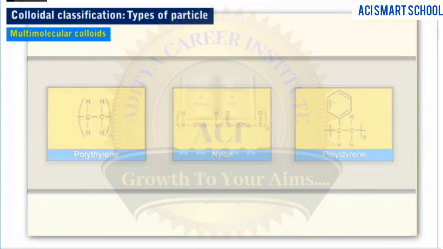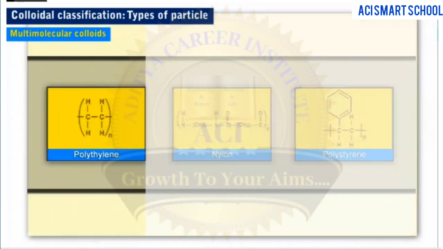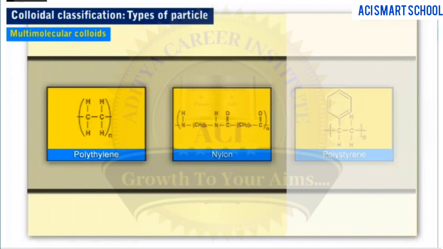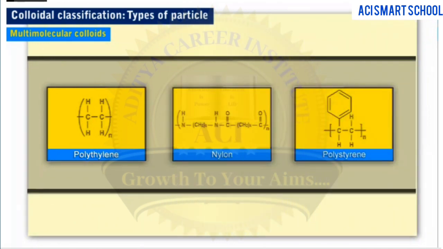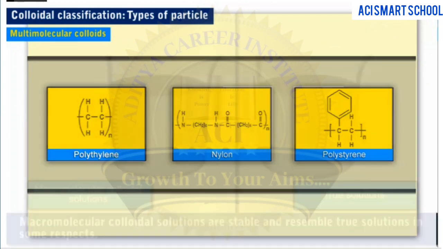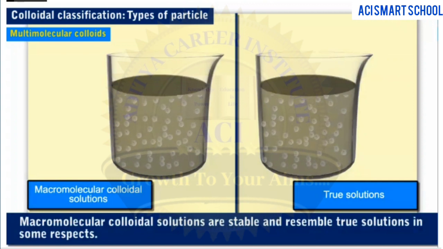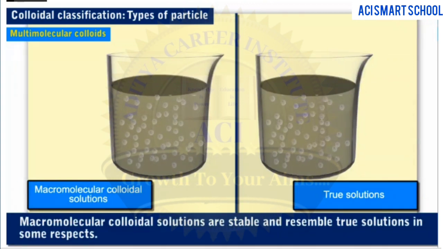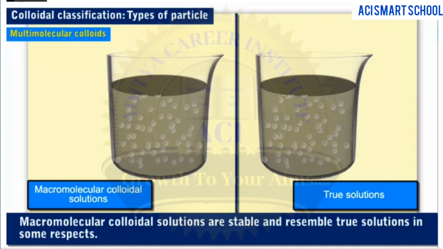Synthetic macromolecules such as polythene, nylon, and polystyrene also form colloids when dispersed in suitable solvents. Macromolecular colloidal solutions are stable and resemble true solutions in some respects.